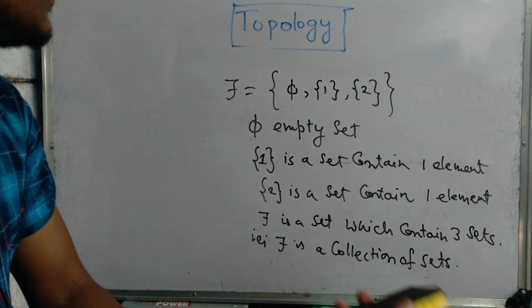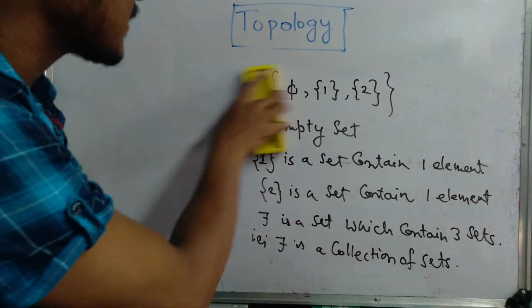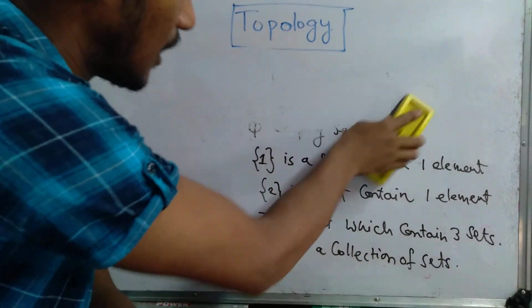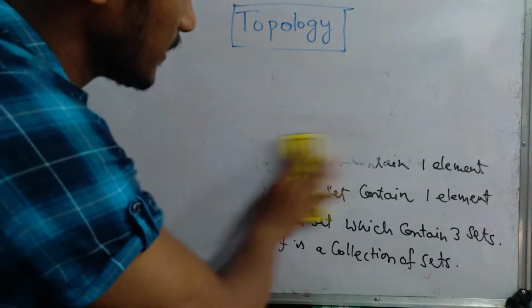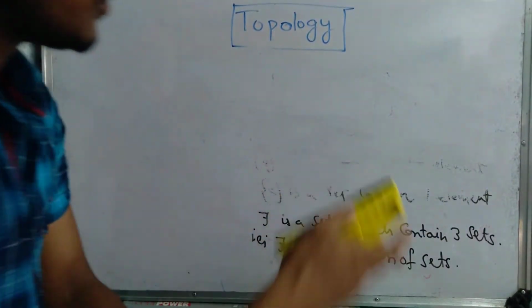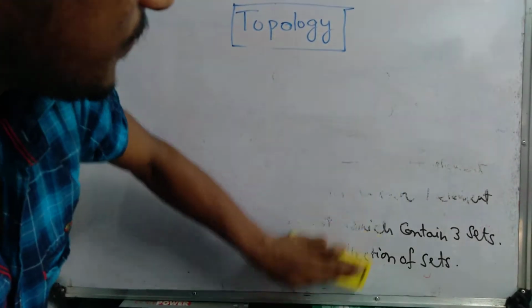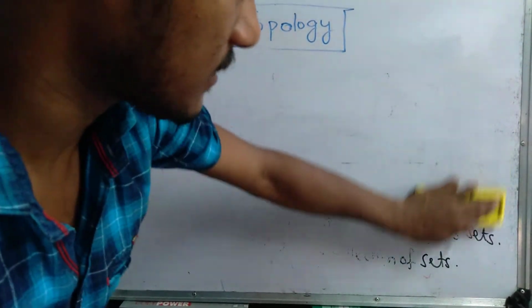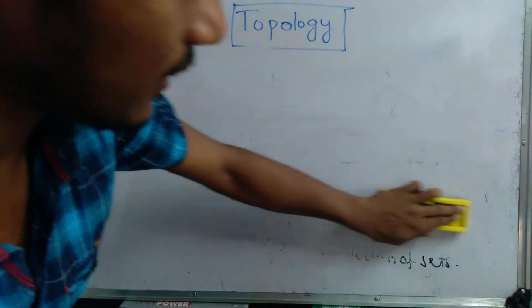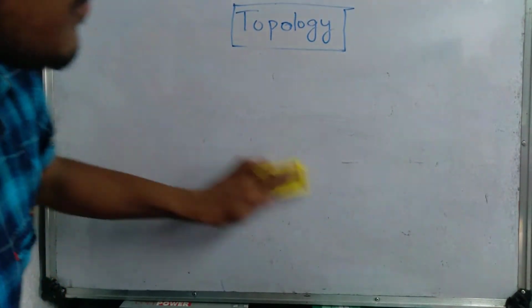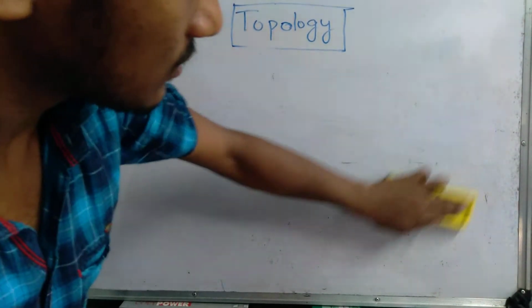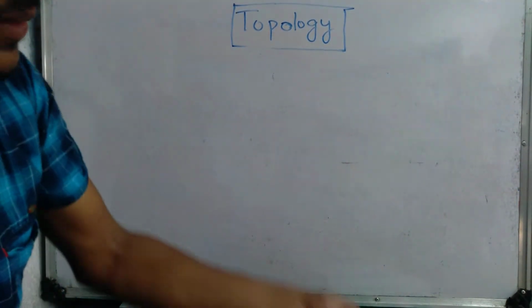Now we define collection of sets. How do we define a collection of sets? We define it more appropriately. A collection of sets means a set containing some sets.